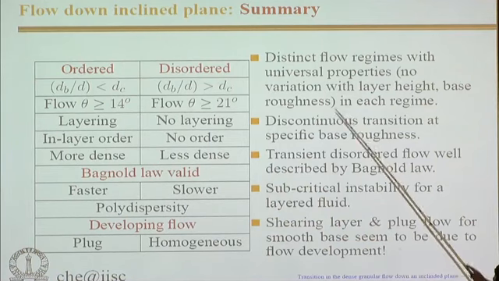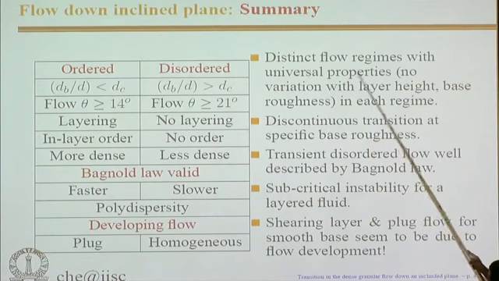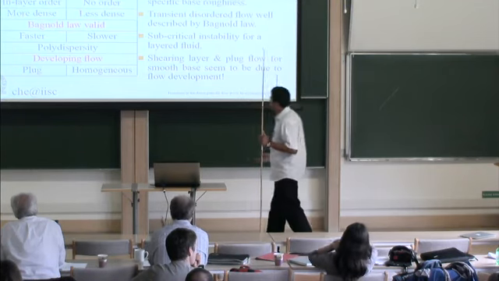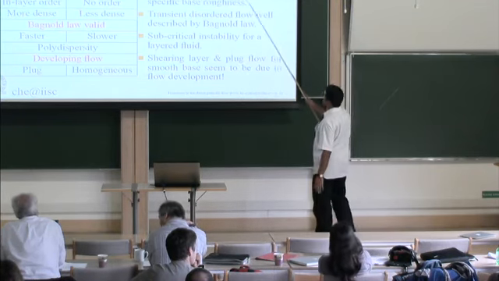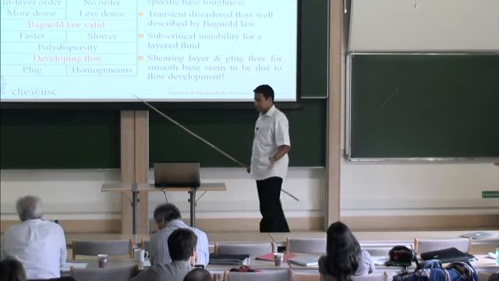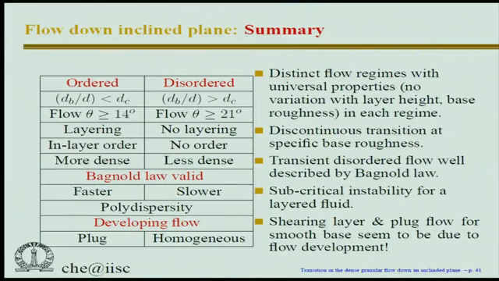And the other important point is that there seem to be distinct flow regimes with universal properties, in the sense that there's no variation of these properties, the shear layer height, the shear layer velocity, the acceleration, and so on, with either layer height or with base roughness. There's only a sharp transition between two different regimes which have very similar properties. Thank you very much.